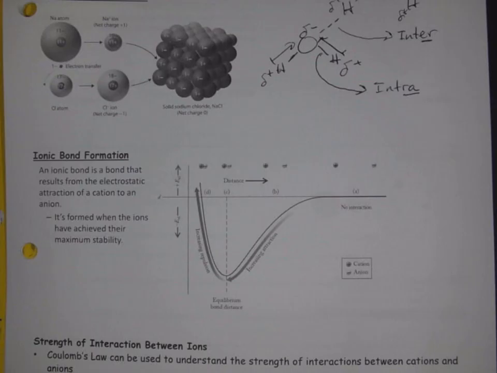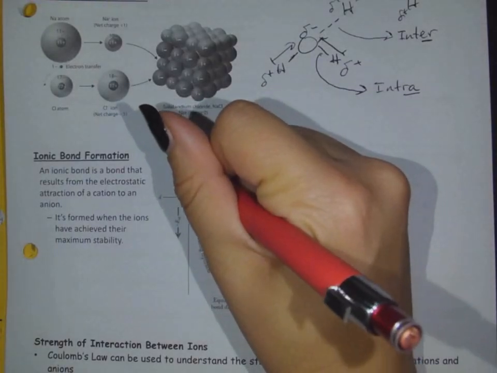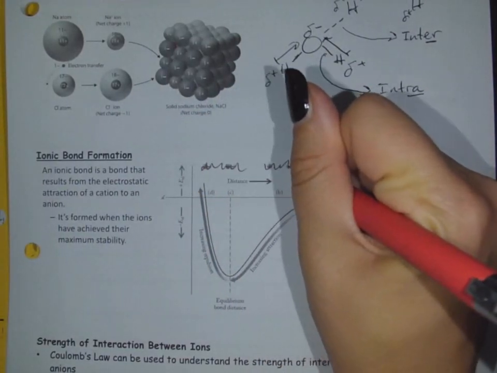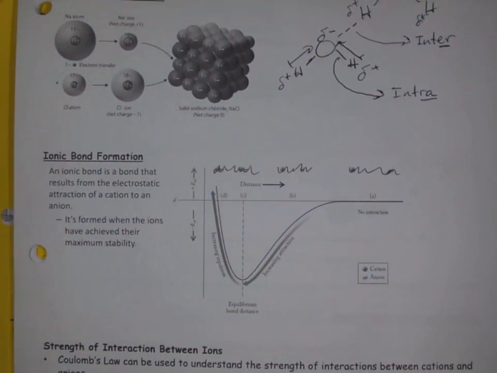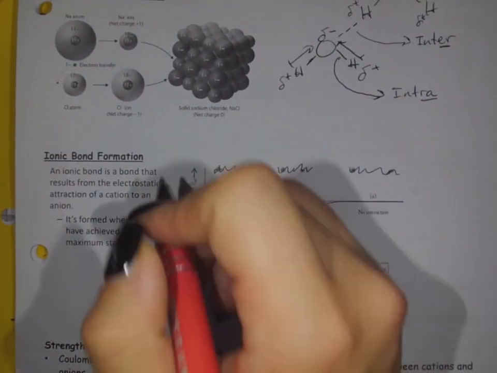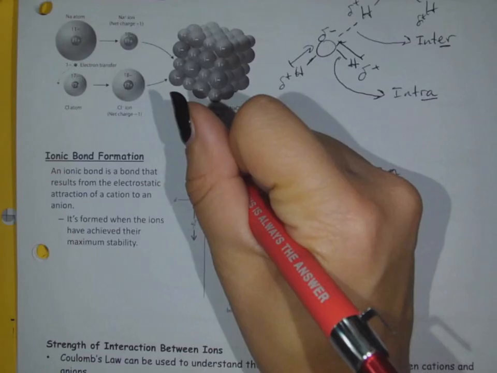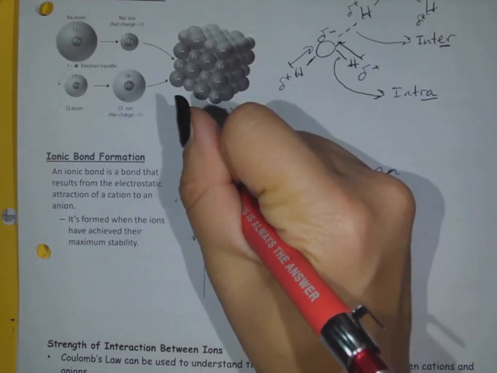And so here's the idea. In class, I'm going to show you a simulation of this that does such a good job of explaining what's happening here. I actually don't love this example, so we're going to draw a new example. Imagine that one of the two atoms involved is going to be right here.